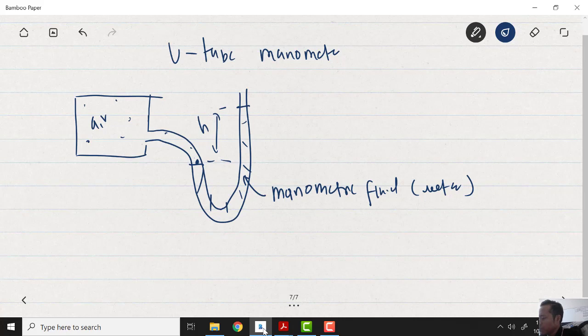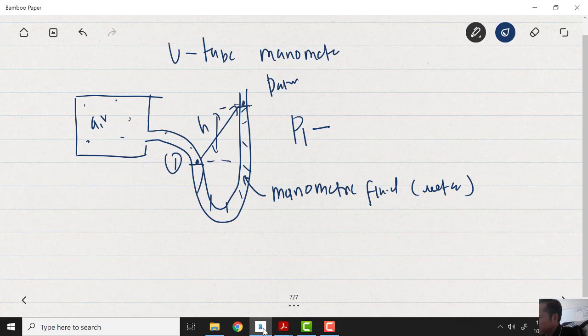So when we want to measure the pressure at point 1 here, how do we start? Since the layer of water ends up here, your arrow can go up or go down. Here we have P atm. If I start from P1, going up is minus.